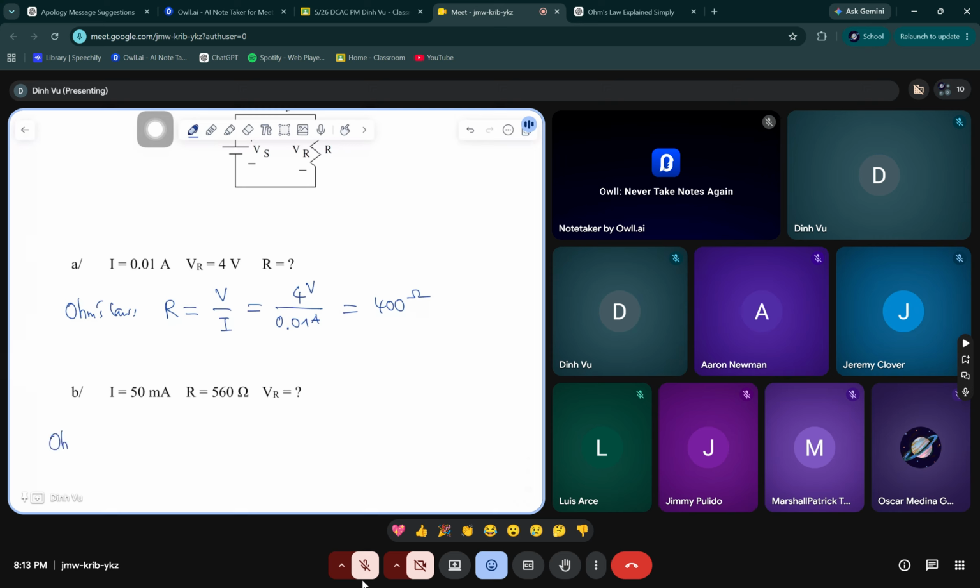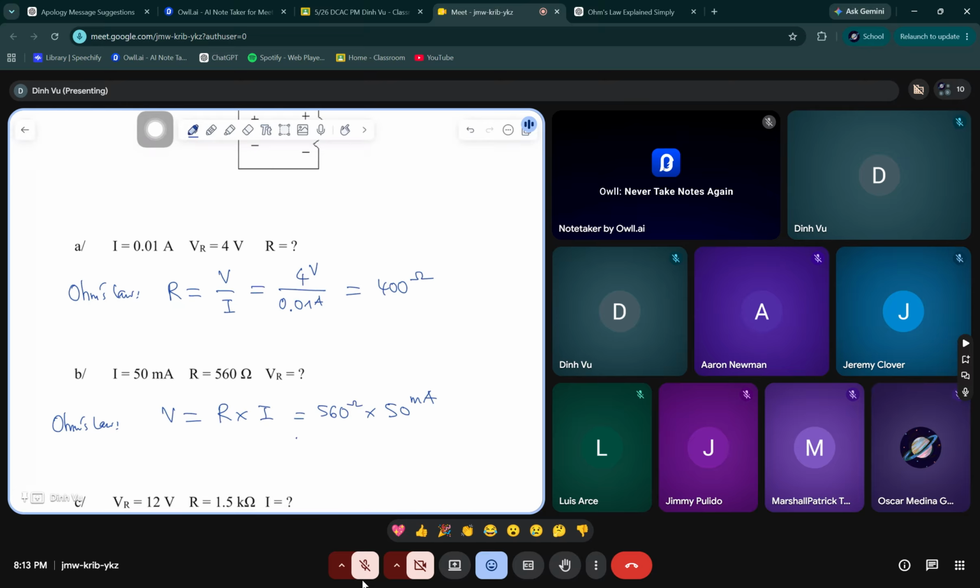So now, also Ohm's law. V is R times I. R here is 560 ohms. I here is 50 milliamp. So if you multiply, you should obtain 28,000. But what is the unit here? R in ohms, current I in milliamp.